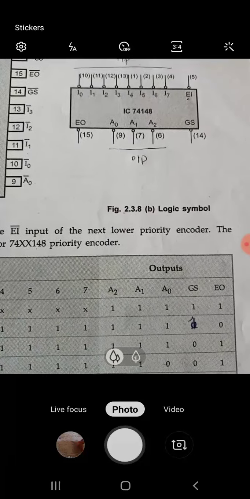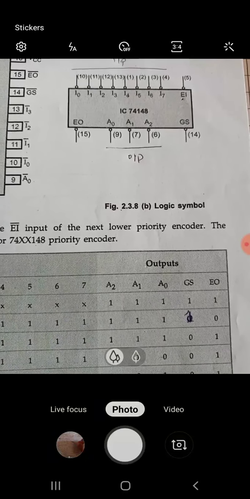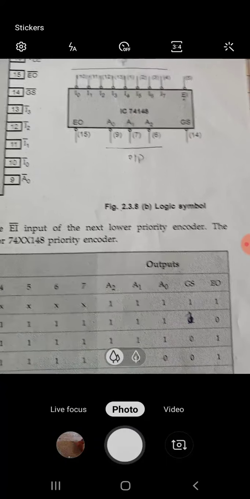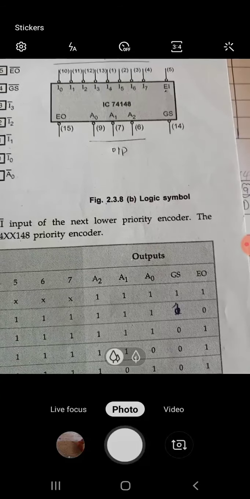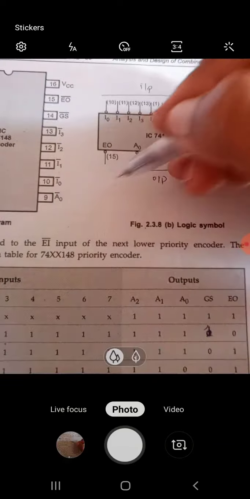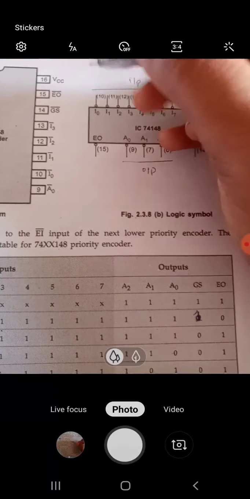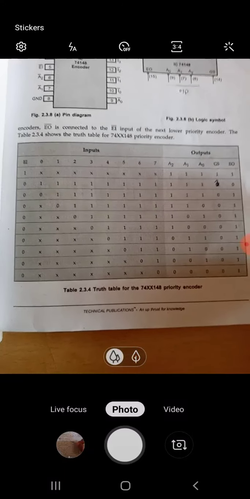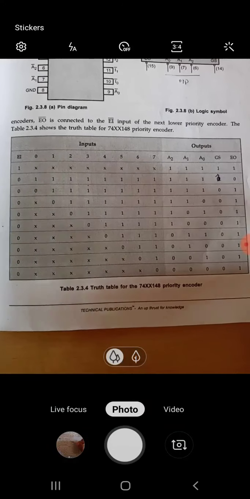It is an active low signal. It basically decides which input gets the highest priority.